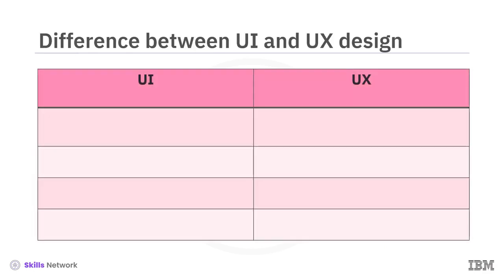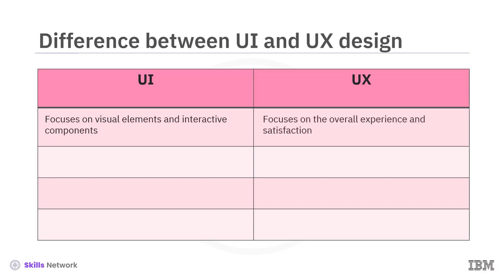Let's now explore the key differences between UI and UX design. The first difference is that UI focuses on the interface's visual elements and interactive components, whereas UX focuses on the overall experience and satisfaction of the user. Next, UI involves designing buttons, icons, menus, typography, and color schemes, whereas UX involves understanding user needs and goals.